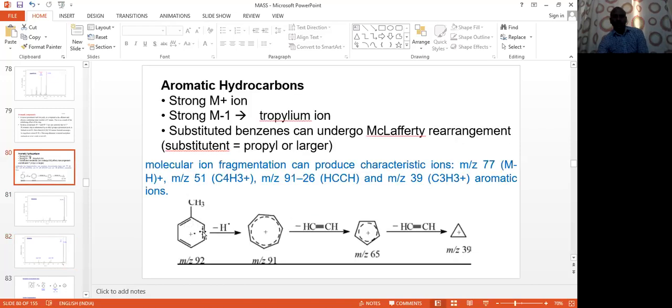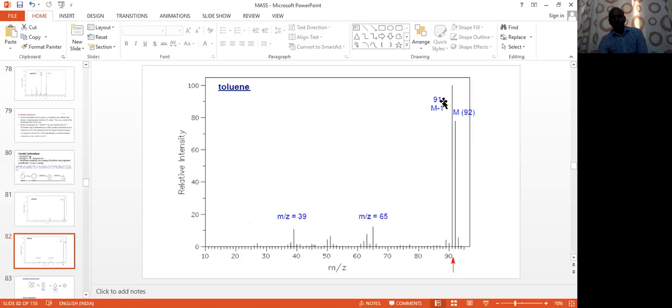So toluene undergoes loss of one hydrogen, that is M-1, and that is because of rearrangement. Then here you see m/z 91. This is a very prominent peak in the mass spectrum. This will become 100% in toluene, and 91 represents the tropylium ion.